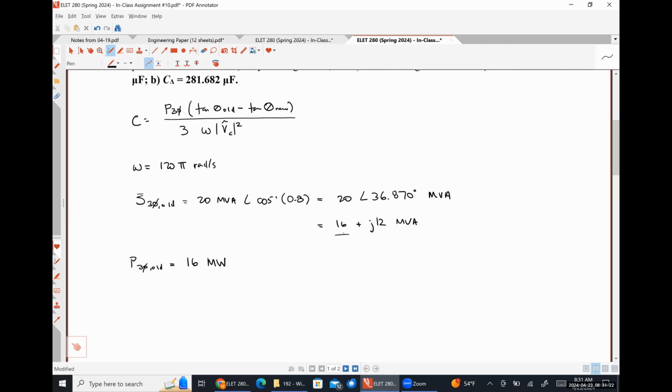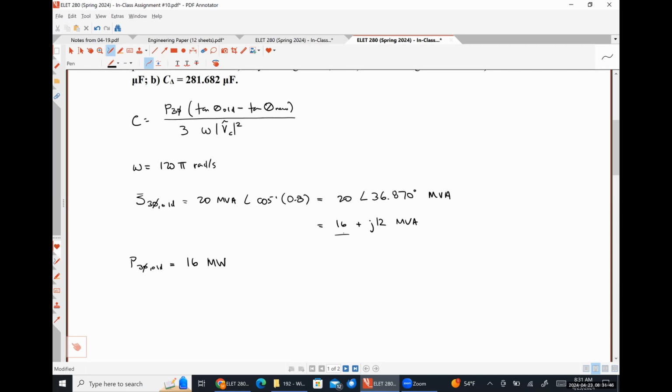We figured out omega. So all that's left is theta old, theta new, and the voltage drop across our capacitor. We're going to do the voltage drop across our capacitor last because that's going to depend on whether or not we are in a Y configuration or a delta configuration. So let's sort out theta old and theta new. So how are we going to figure out theta old?